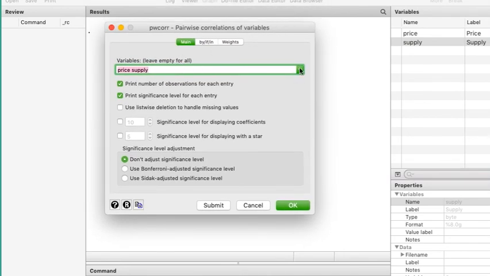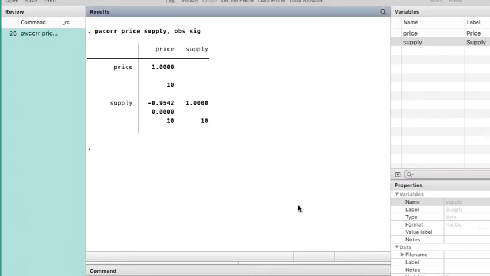Here you have to enter these variables, price and supply, right? Nothing else is to be done here, then press OK. Now you see price and supply are here. The coefficient of correlation between these two is again minus 0.9542. That means again there is negative correlation between these two variables.